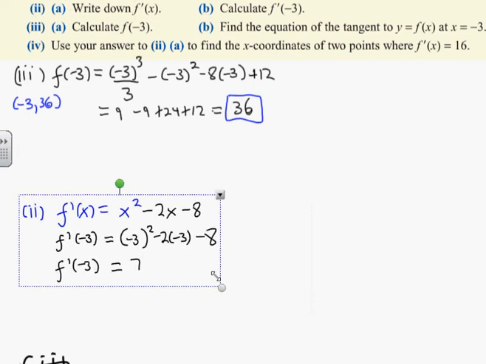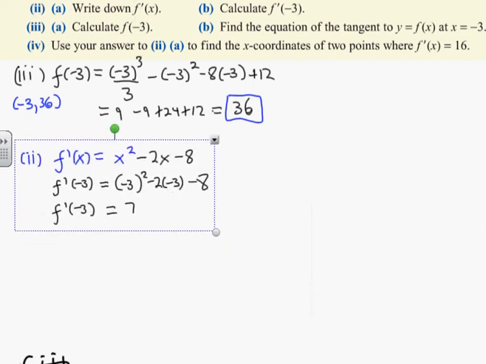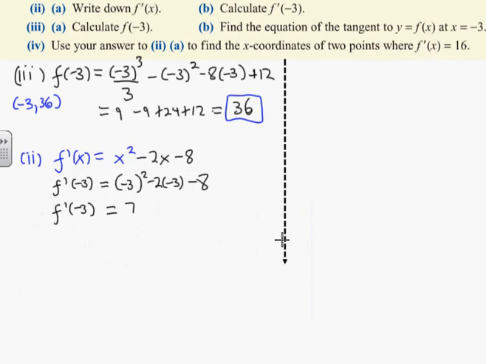Equation of a line. So to get attempt marks even, okay? What you're going to do first and foremost is you're going to write down the formula for the equation of a line. Does that make sense? Equation of tangent, same thing as equation of a line. y minus y1 equals m bracket x minus x1. It says x has to be minus 3.